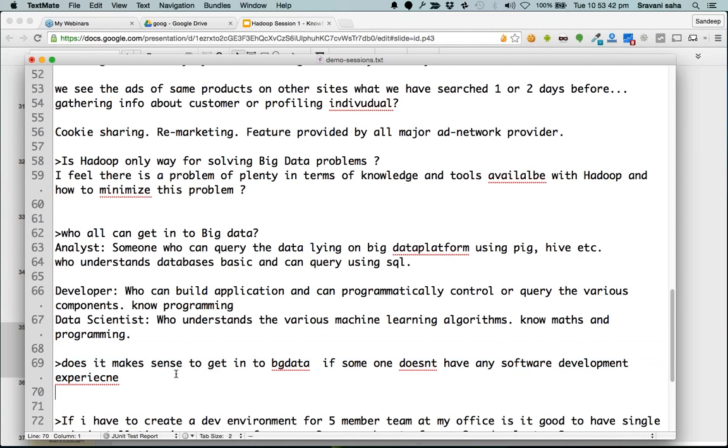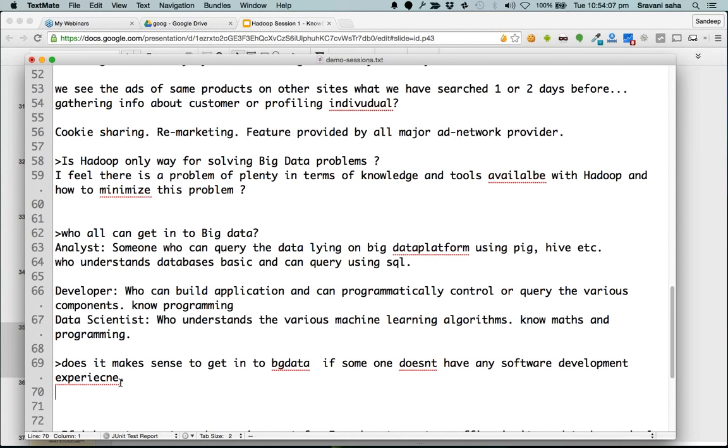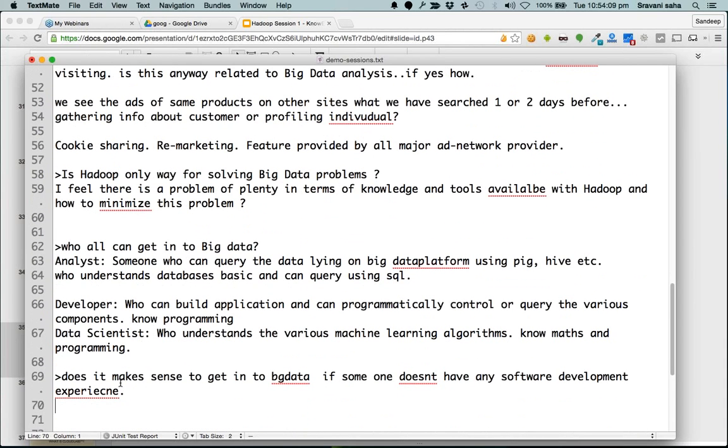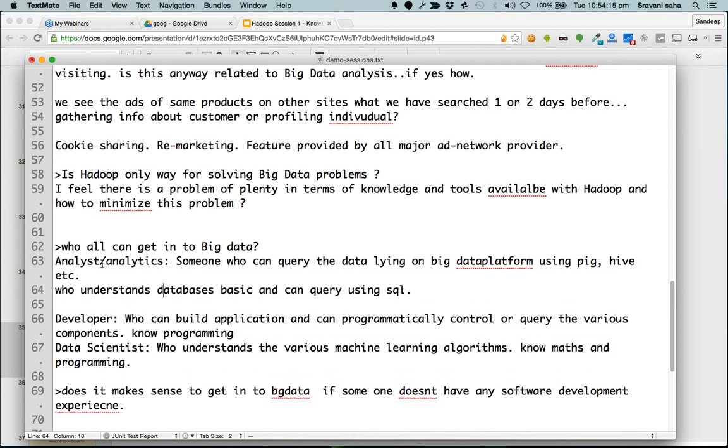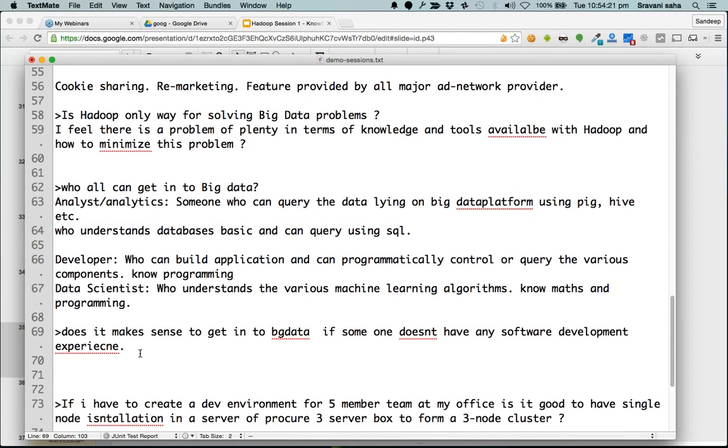Let me answer this. The question was, does it make sense to get into big data if someone does not have any software development experience? In this case, as I was explaining earlier, if you are from an analytics background and want to get into analytics, you must have a little bit of exposure to databases.